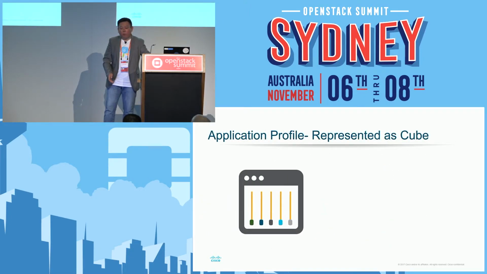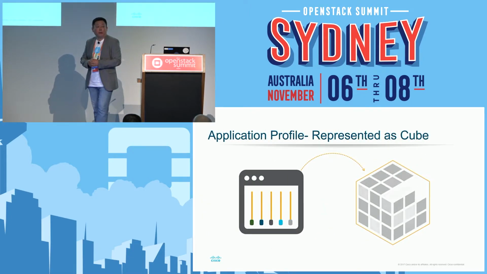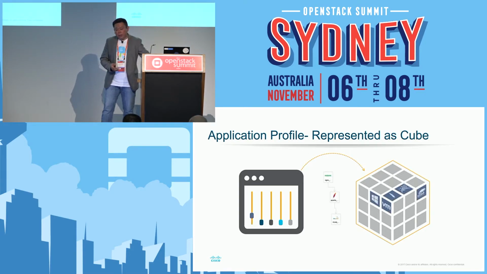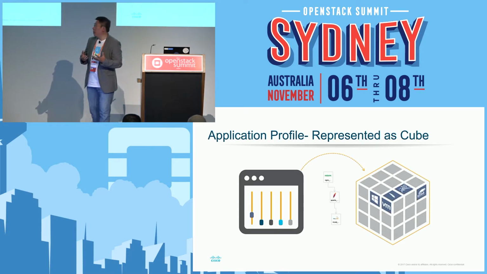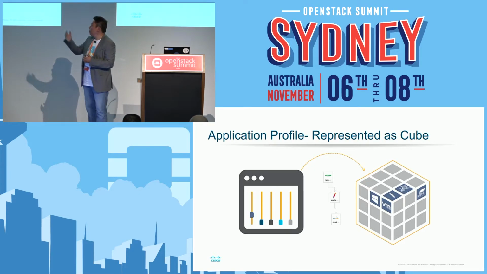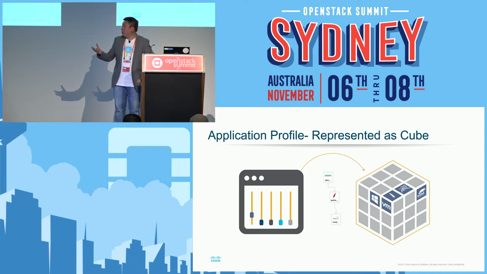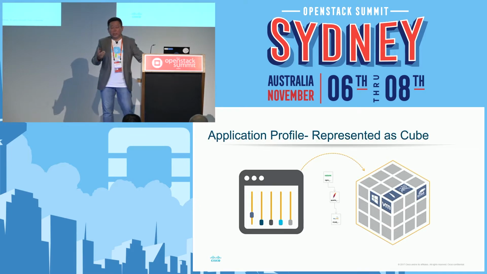But let's have a look at what an actual application profile is. In CloudCenter, an application profile is your stack. In this case, it's NGINX, Apache, and MySQL, a simple three-tier stack. The cube on the right is the representation of how we package it up in a profile.